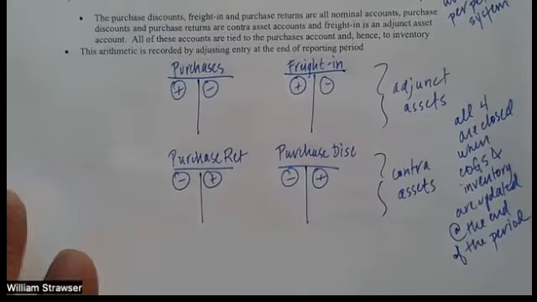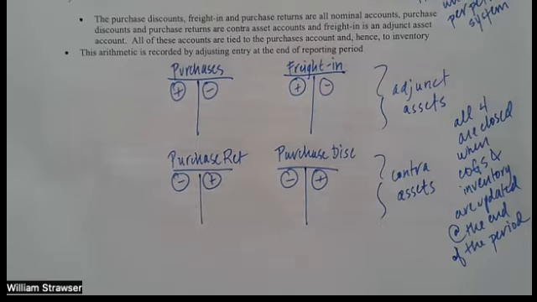So a lot of stuff going on with the periodic system. It's a little overly complex, and used to be a good way of sort of dividing up the different aspects of our inventory system prior to our ability to process data and store it and call upon it very seamlessly with technology.